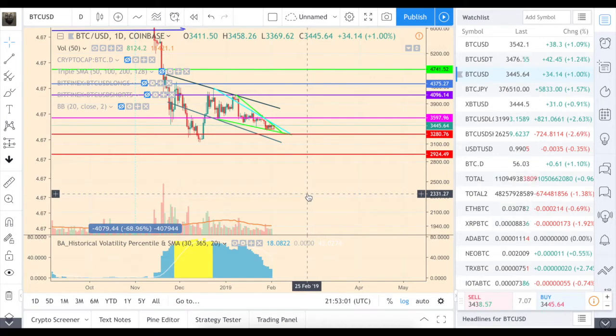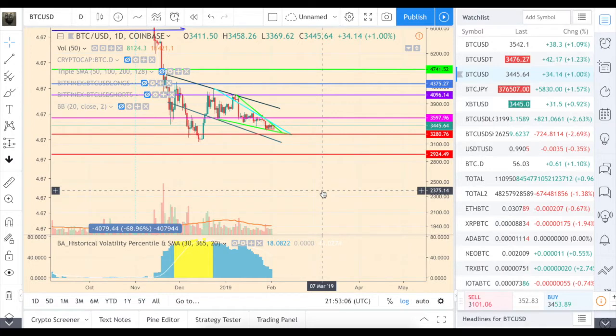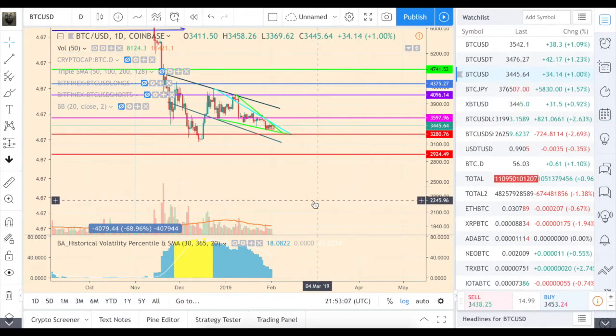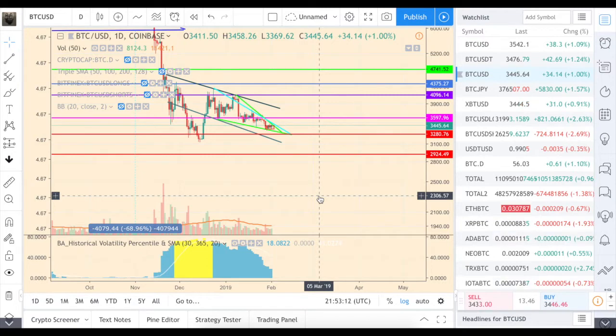For example, they don't try catching falling knives. They don't say, okay, this was the strong support, or this indicator tells me that the bottom will be 2,300. Now I'm talking not about the big whales, but about those players that whales try to overplay.